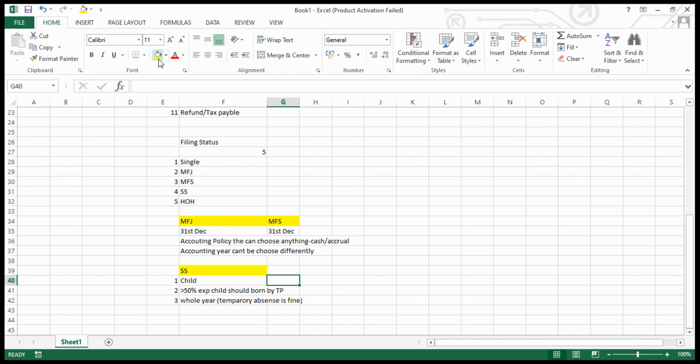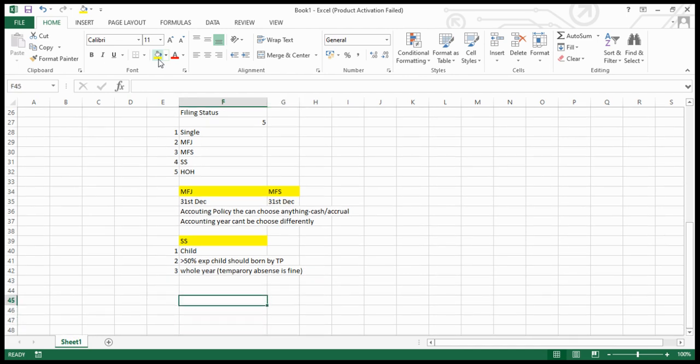Once you satisfy all these conditions, I will tell you now how we get the surviving spouse benefit. Suppose the tax years are 2020, 2021, and 2022, and the spouse died in September 2021.